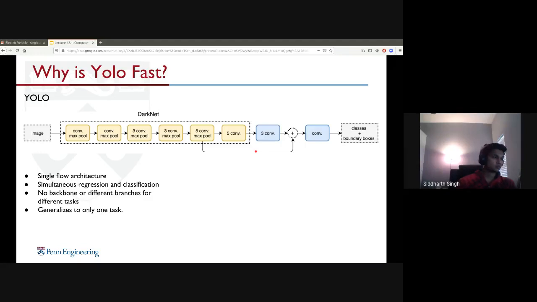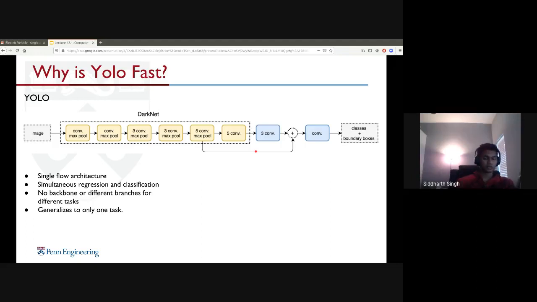So the first question, why is YOLO actually fast? First of all, it is a single flow architecture. For those of you who are not very familiar with convolutional neural networks, it's not always the case that you input an image or data and it goes through a number of convolutional layers and gives you an output.